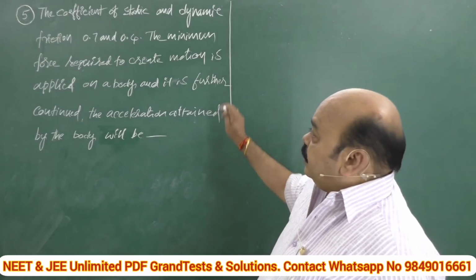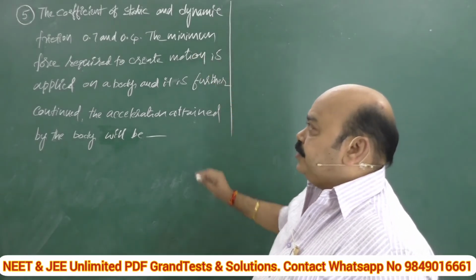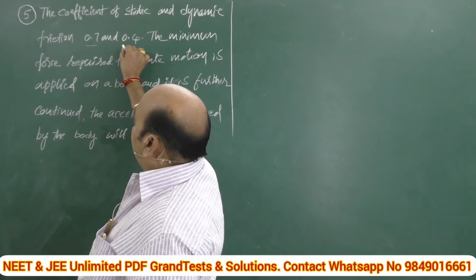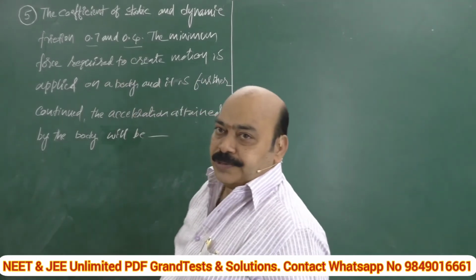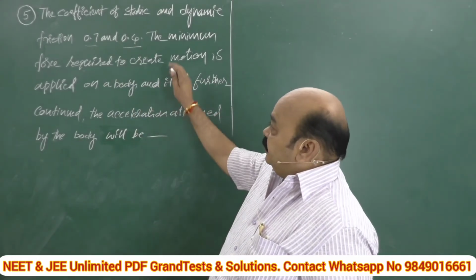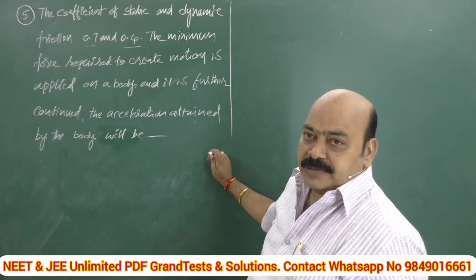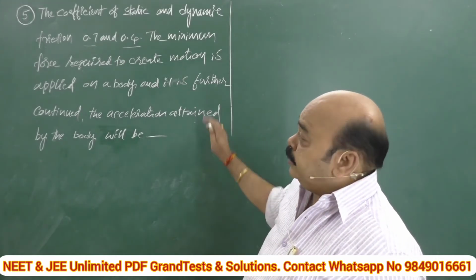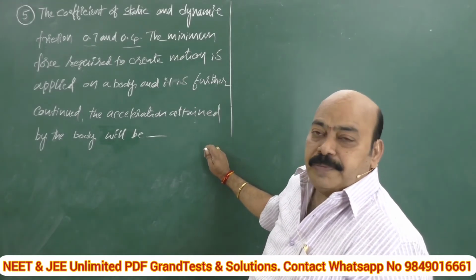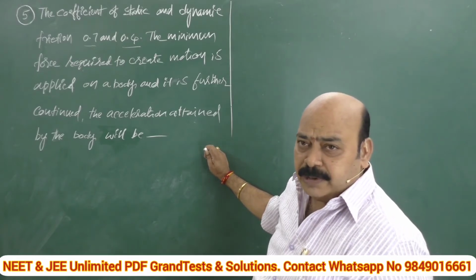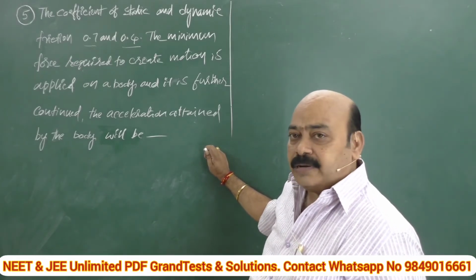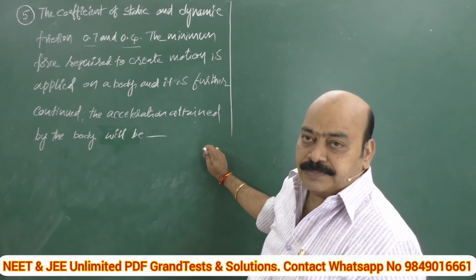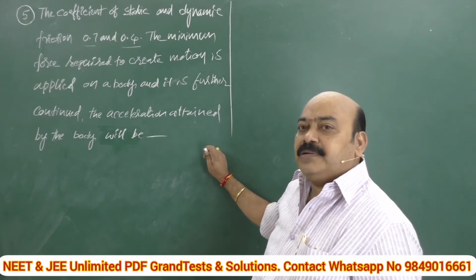The coefficients of static and dynamic friction were given as 0.7 and 0.4. Let us look into the theory related to this one. Which one will be greater, static friction or dynamic friction? Definitely static friction is greater. What is meant by static friction?